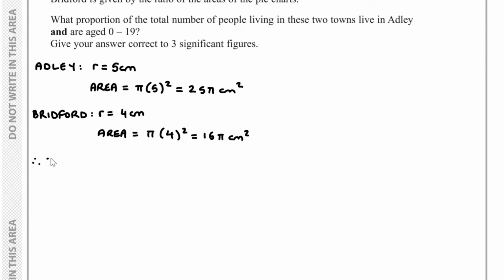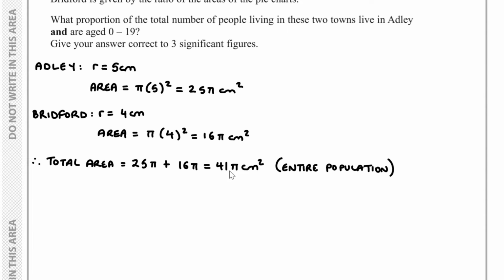So therefore the total area is equal to 25 pi plus 16 pi, which is 41 pi centimeters squared. Okay, so this 41 pi centimeters squared represents the entire population.